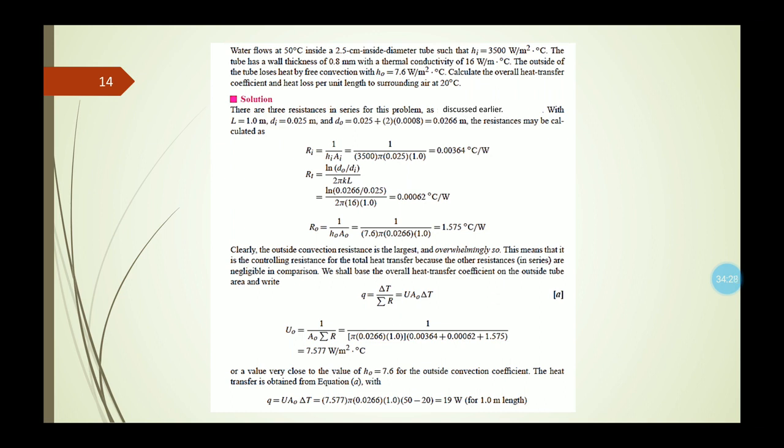These two temperatures are given in the question. If we put all these values here, we will be able to calculate the heat loss per unit length. The value we are getting here is 19.19 watt. This is for 1 meter length.